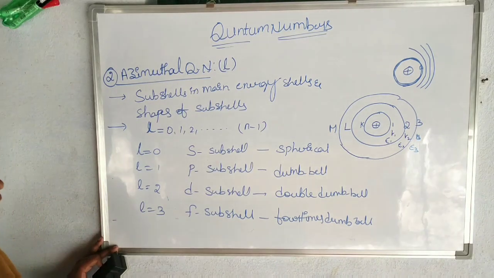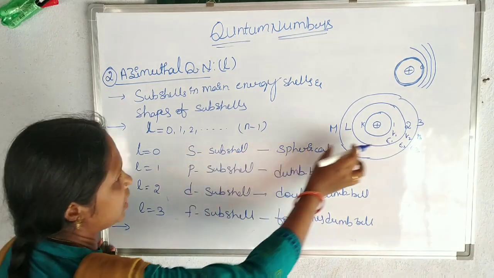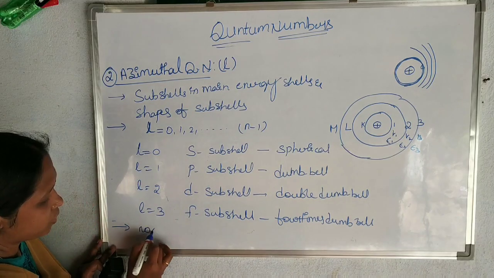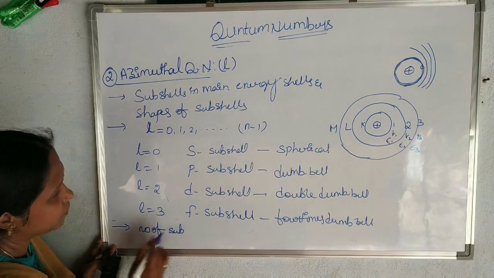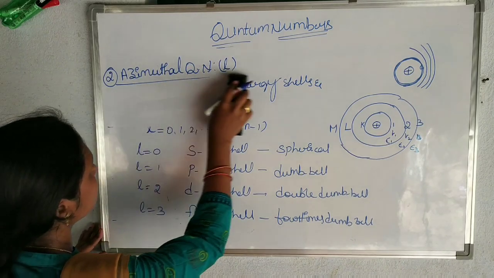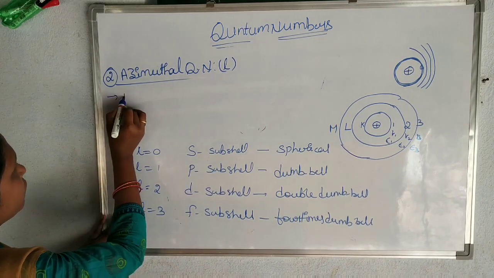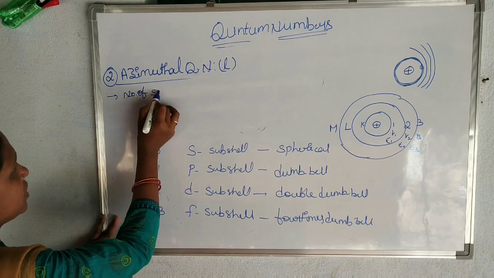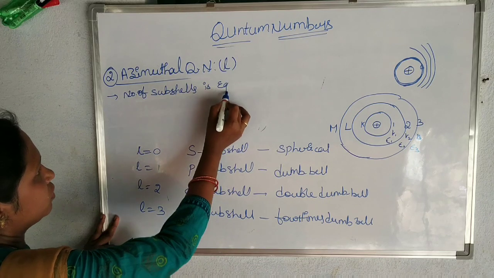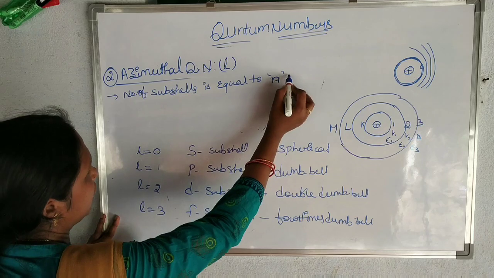Okay, and next, how many subshells are present in a shell is equal to n. Number of subshells is equal to the n value.